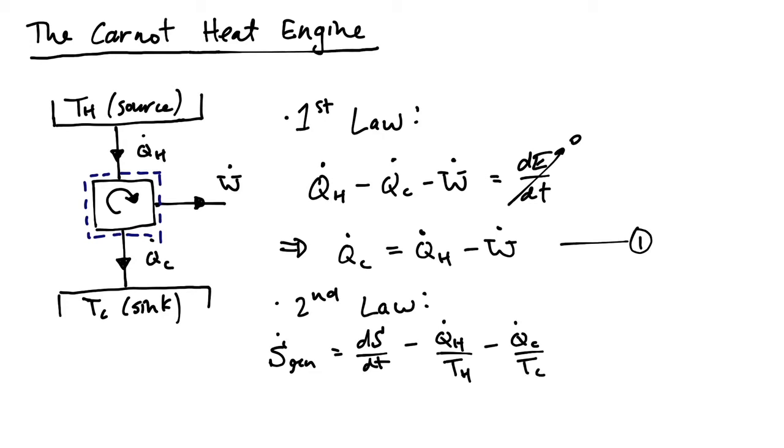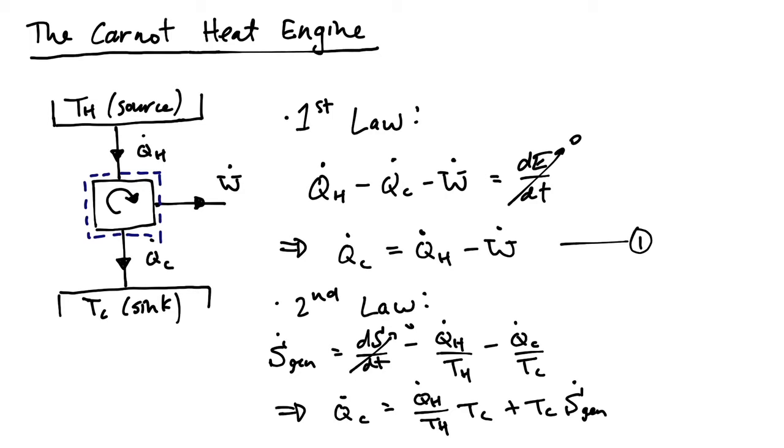This is our closed system second law expression, and of course it's steady state, and so we can then solve this expression for Q dot C. So Q dot C will be Q dot H over TH multiplied by TC, because that's coming from the final term in the equation above, plus TC times the rate of entropy generation, which is S gen dot.